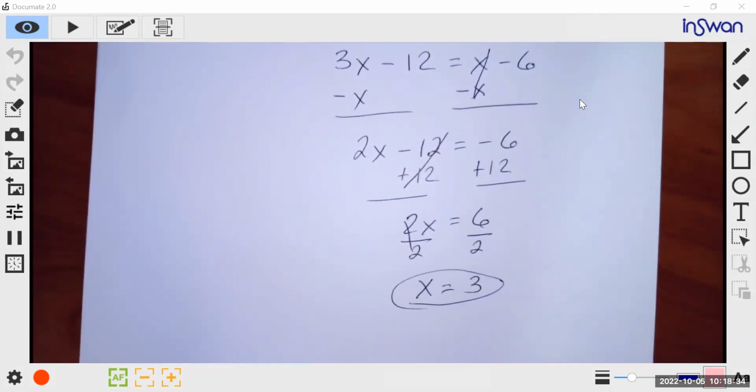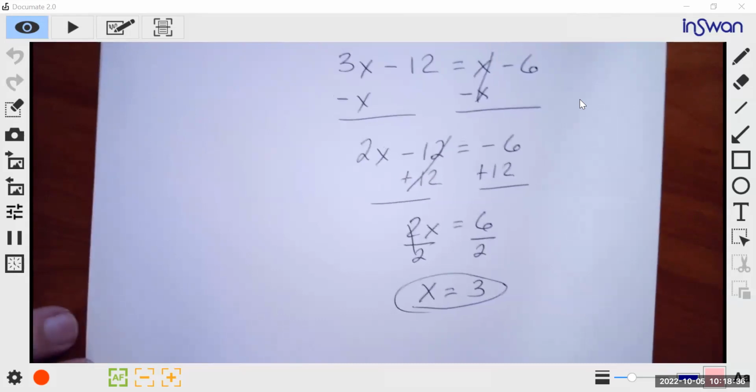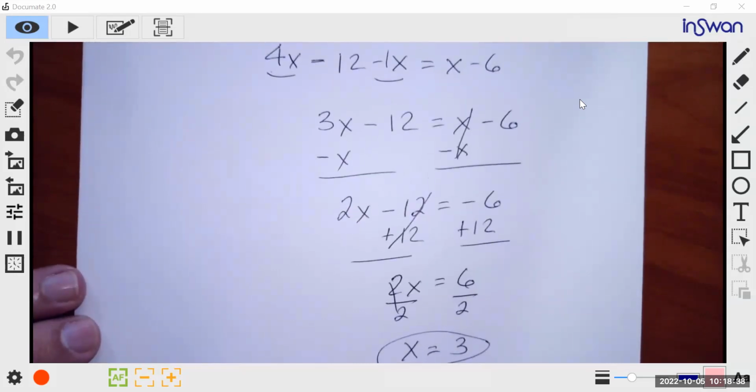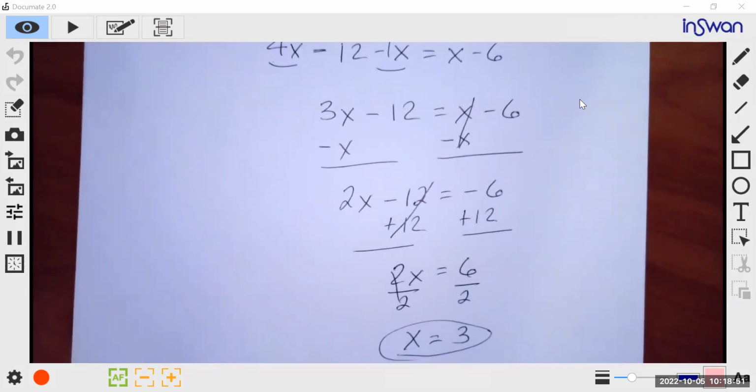How'd you get the negative sign still in there? Because I was thinking about doing negative x, the 3x, but I thought like left to right. No. See, again, that's what you learn in high school. Those are all wrong. I don't care what side it's on. Always move the smaller to the larger.